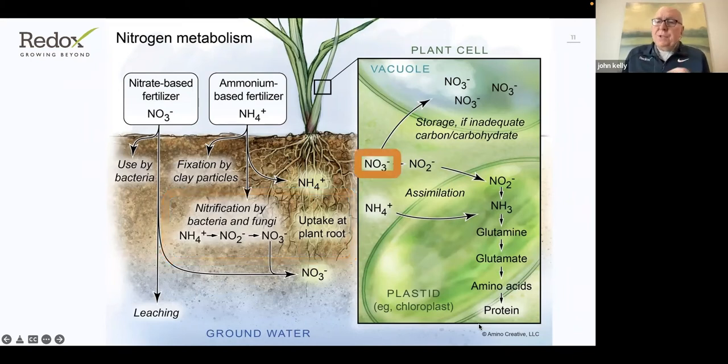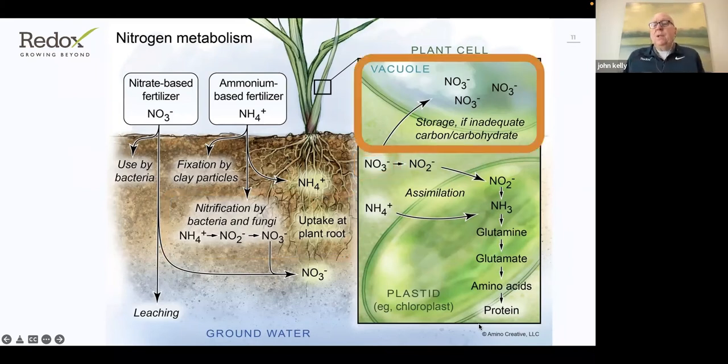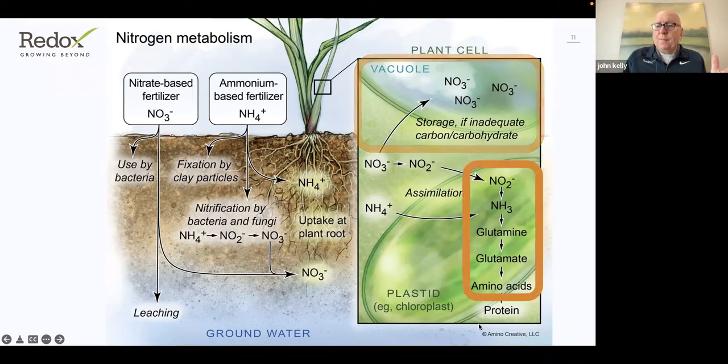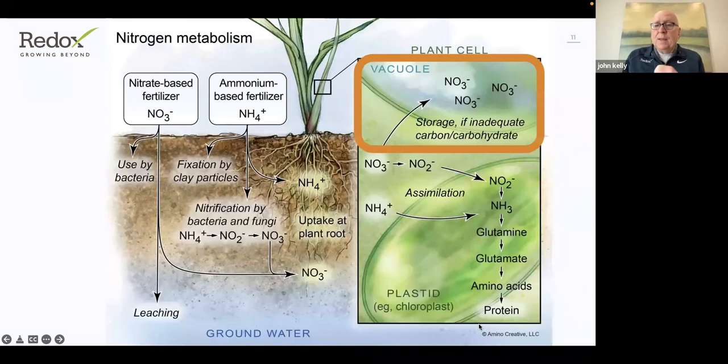Most of the nitrogen taken up by the plant is the nitrate form, and it accumulates in the vacuole of cells. Under moderate conditions or good chemical balance, this nitrogen would go through a reduction process to an ammoniacal form, and eventually form amino acids, which chain up and form proteins.